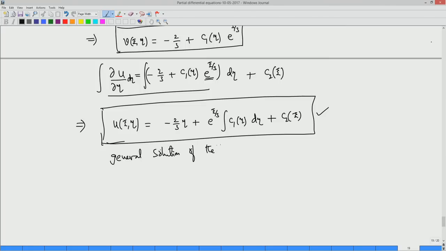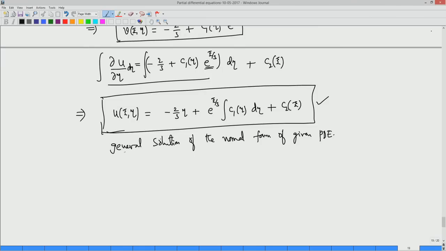This is the general solution of the standard form, canonical form or normal form of the given PDE. Why am I calling it the general solution? In ordinary differential equations, for a second order equation, the general solution should involve two arbitrary constants.